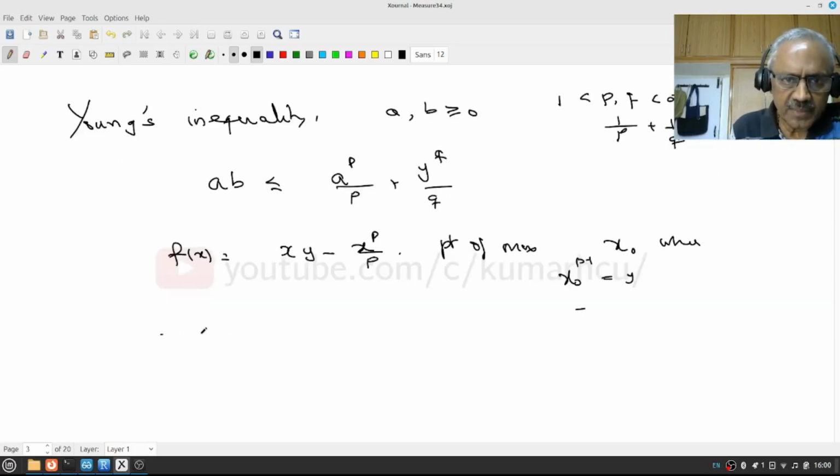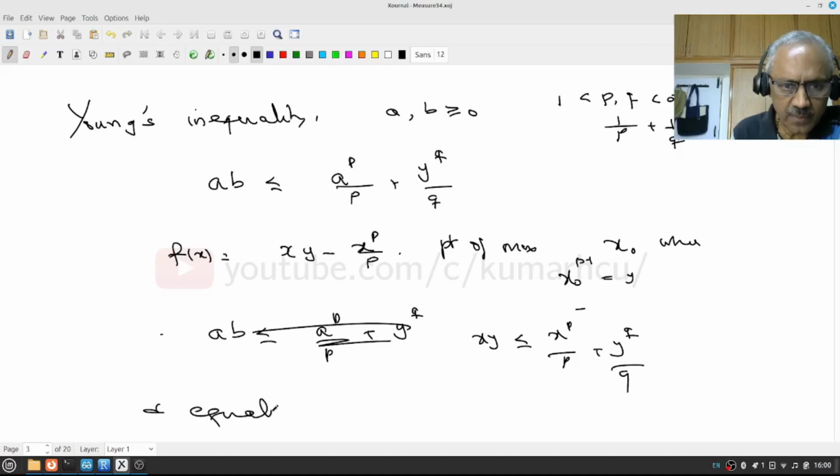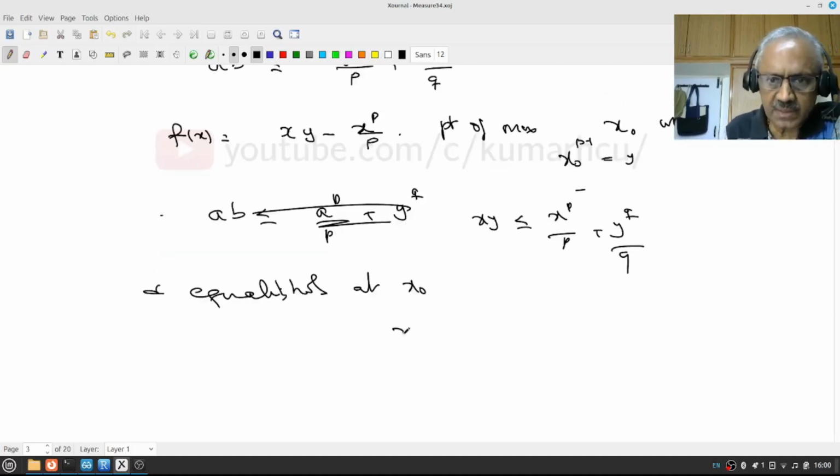Therefore, from that we concluded xy is less than or equal to x to the power P by P plus y to the power Q by Q, and equality holds at x naught. But what is x naught? x naught is y to the power 1 by P minus 1.